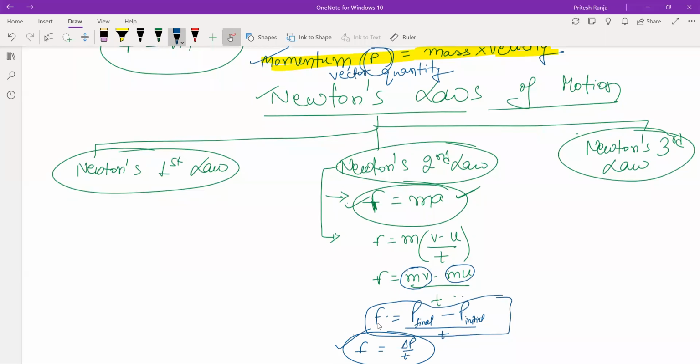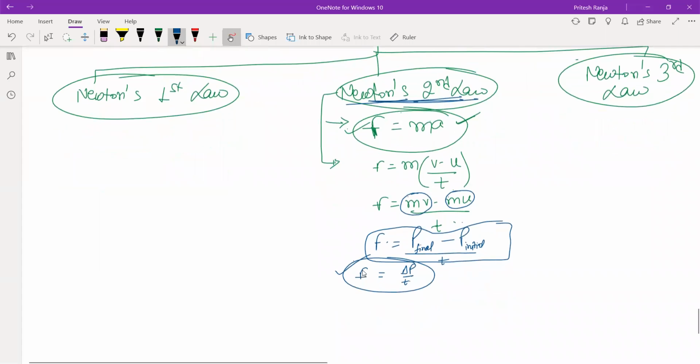And using this, I will give the definition of force. That was what Newton stated in his second law. So he said, force is the rate of change of momentum. So let us write that. Force is the rate of change of momentum.